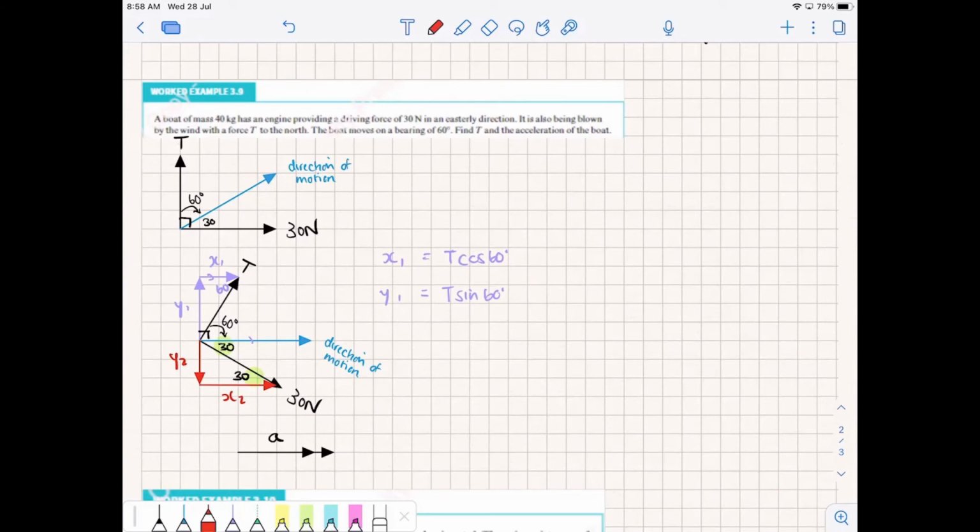We'll do the same thing now for the 30 newton force. The horizontal component is also adjacent to that 30 degrees, and so this will be 30 cos 30. And the vertical component is opposite, so it will be 30 sine 30.